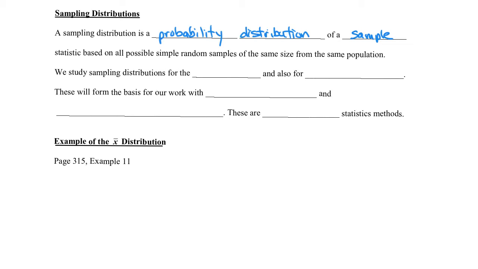Now the sampling distributions that we're going to look at, I'll just mention up here, will be X bar or P hat. And there are others, but these are the two most popular ones, and these are the two that we're going to look at. We study sampling distributions for the mean, x bar, and also for proportions, p hat.